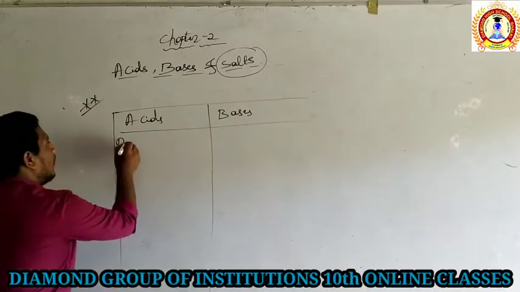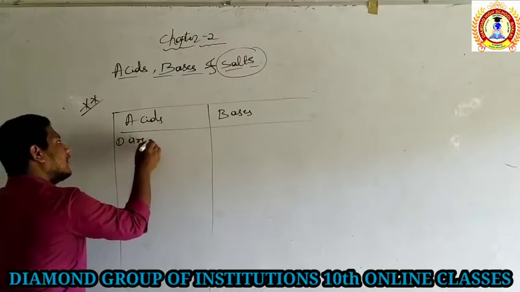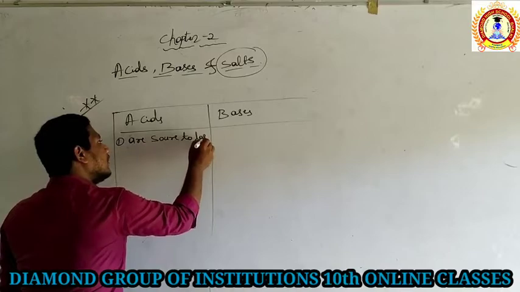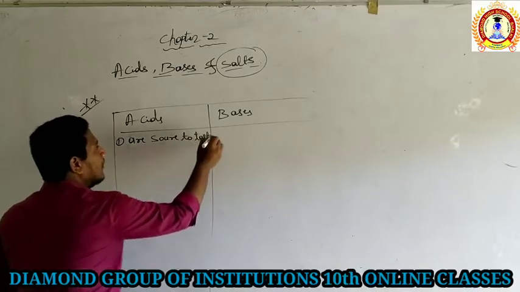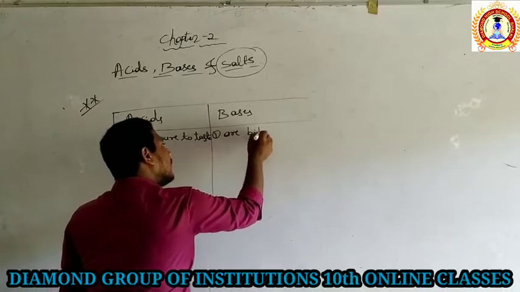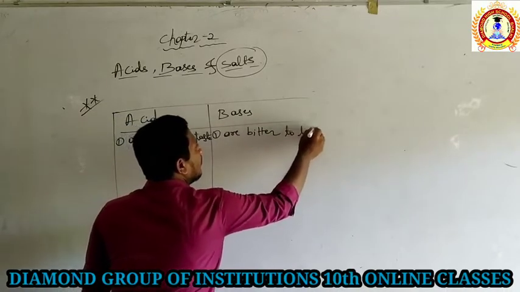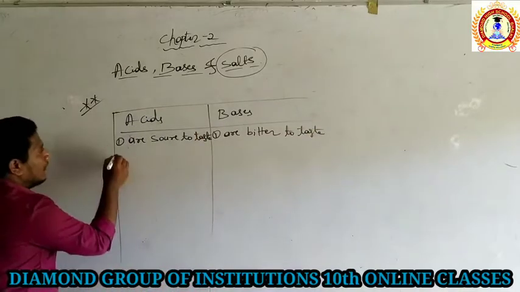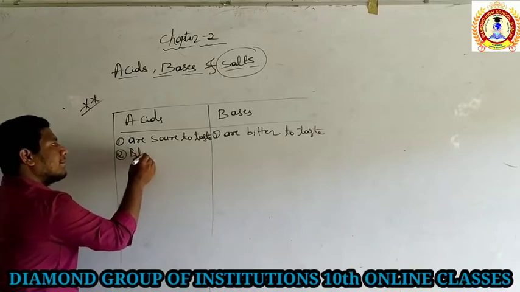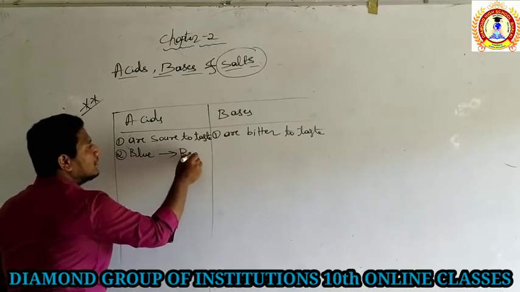First, what are acids? Acids are sour to taste, right? What are the bases? Bases are bitter to taste. The blue litmus in acid will turn to red.